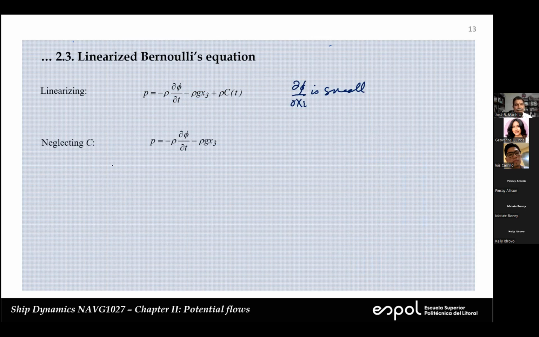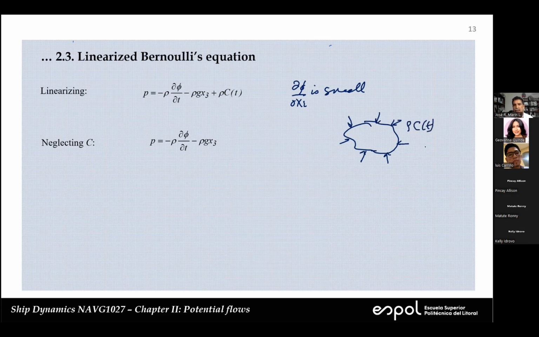Now, in some cases, we just said, okay, this is a constant, okay? So if you have a body, a closed body, and you consider this term here, that means that you're going to have the same pressure over the body.